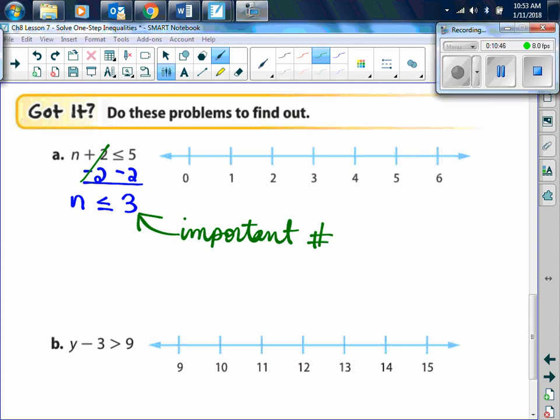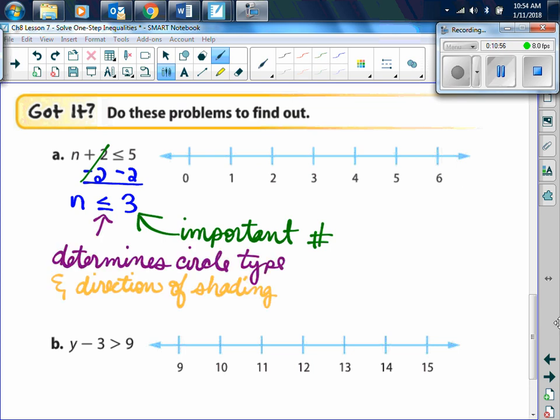We're going to look at our less than or greater than, right? This one is a less than or equal to, so what kind of circle are we going to have? That's going to be a closed circle. Very good. So we're going to look at our symbol to determine what kind of circle we're going to have. And we said we're going to have a closed circle because it's less than or equal to.